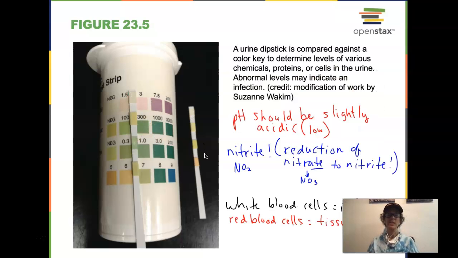This is depicting a dipstick test for urine and could be used looking at a urinary tract infection or just to see the chemical quality of the urine. And so I have some notes here that the pH should be slightly acidic, should be around 6.5-ish, so a low pH.